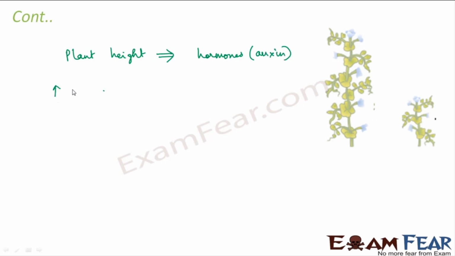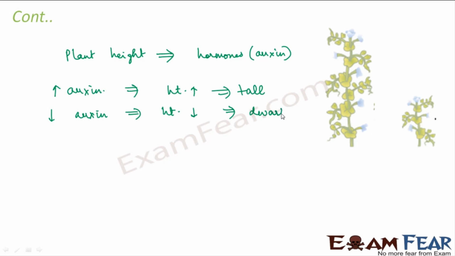If there is more auxin present in the plant, what will happen? The height will be more and the plant will be tall. Now if the amount of auxin present in the plant is very less, in that case the height will be less and this will result in a dwarf plant.